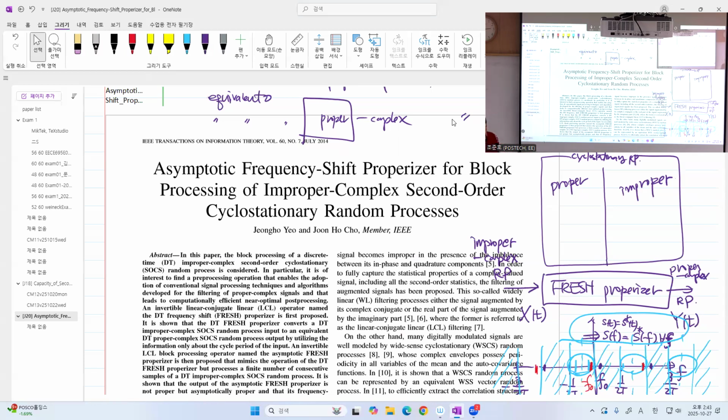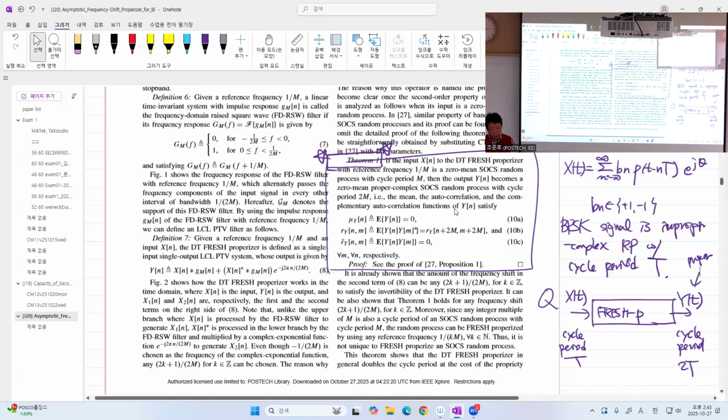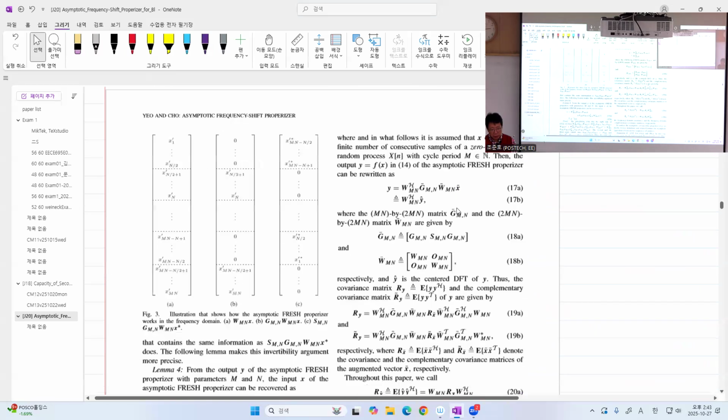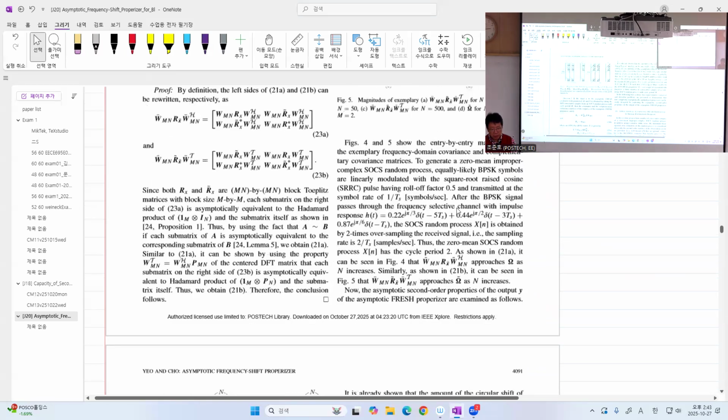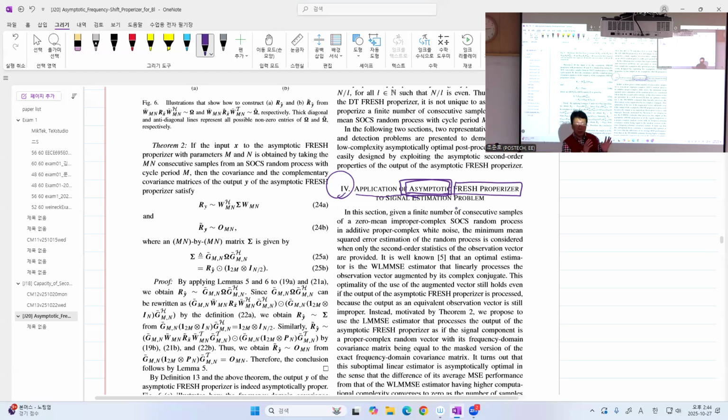And fortunately, this paper shows that this properizing method makes estimation and detection problems very, very simple. So here in section 4, application of the fresh properizer. By the way, here, one of the reasons why we have asymptotic is that we have another step between the previous simple fresh properizer and the results.